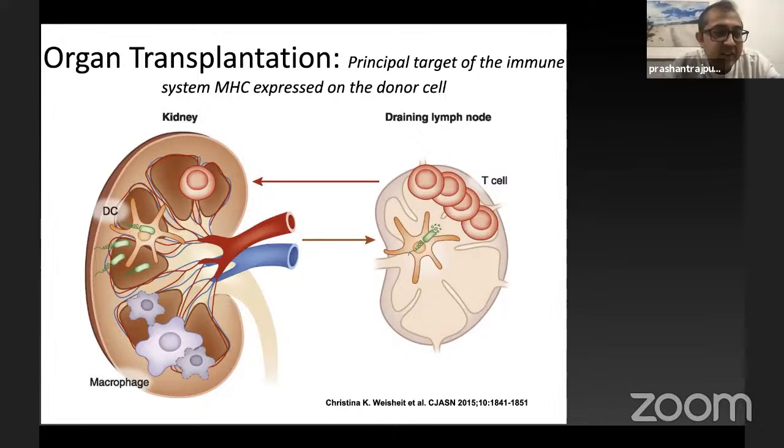And these processed antigens are then given to the CD3 positive T cells. And these stimulated T cells would go into the regional lymph node, and this would produce a clone of cells.